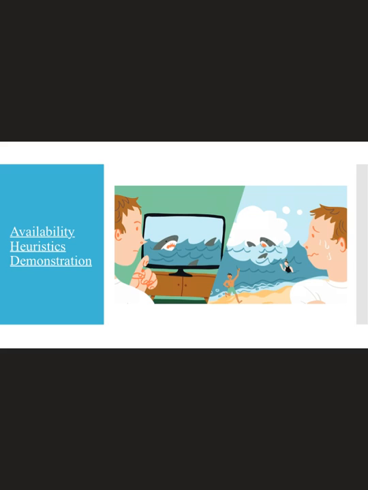The first one is going to be availability heuristics. We're also going to look at representative, anchoring, and gambler's fallacy as they pertain to misperceived understandings.